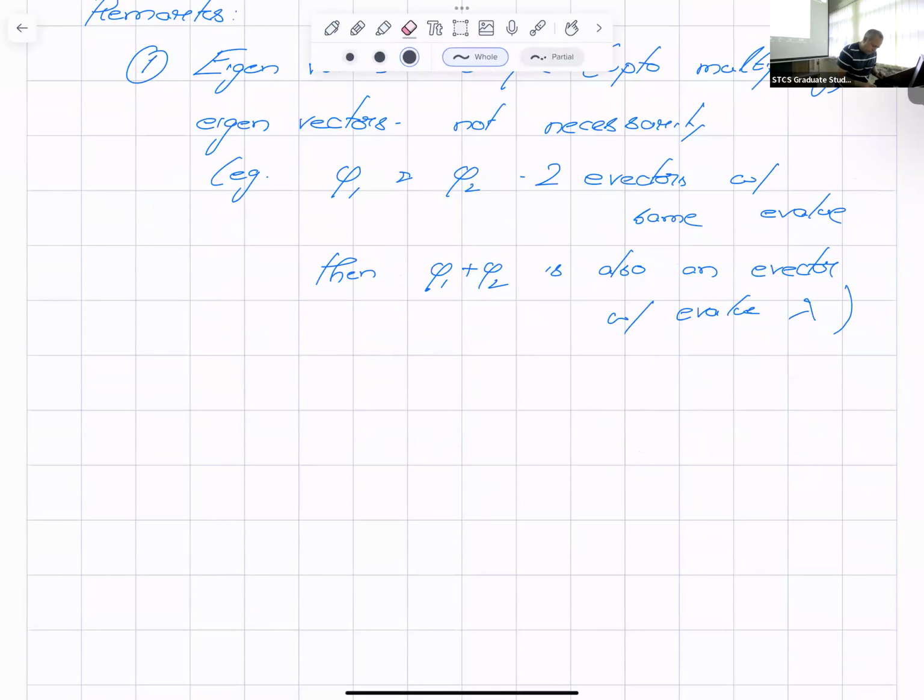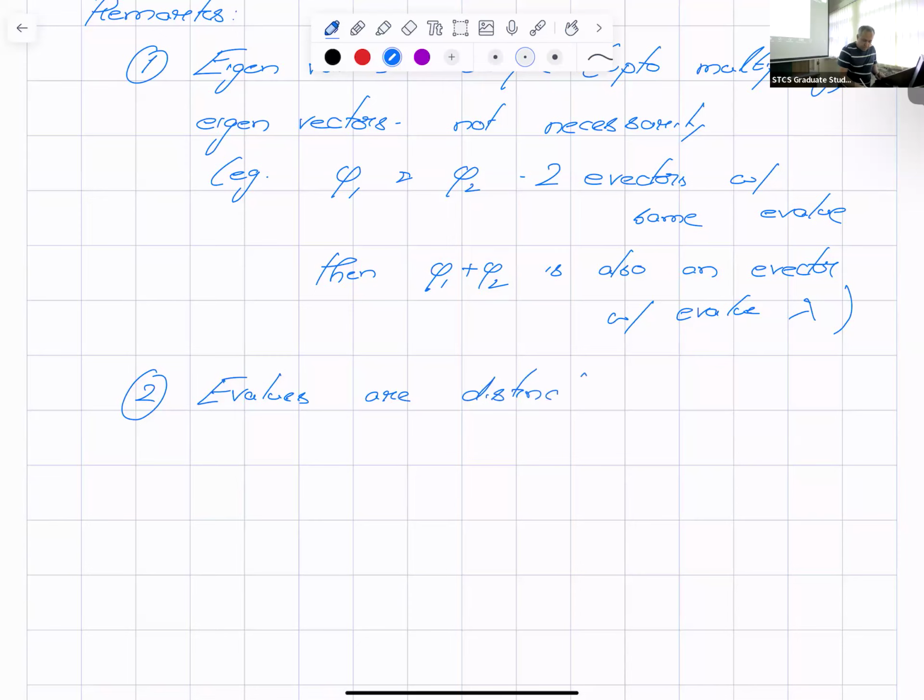A couple more remarks I wanted to make before this. If eigenvalues are distinct, then the corresponding eigenvectors are actually orthogonal.